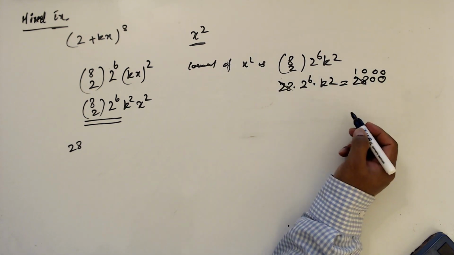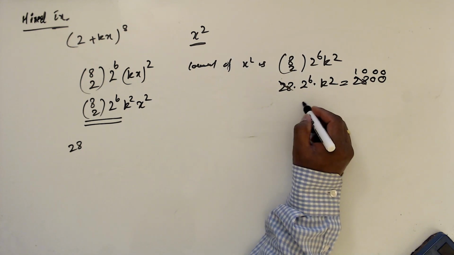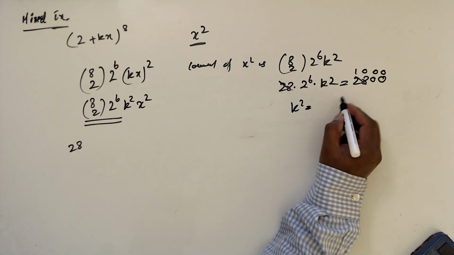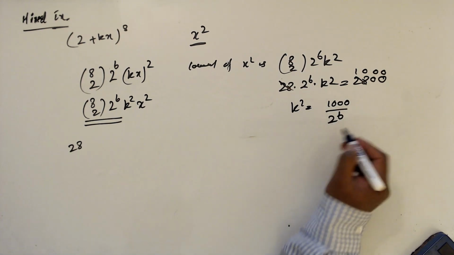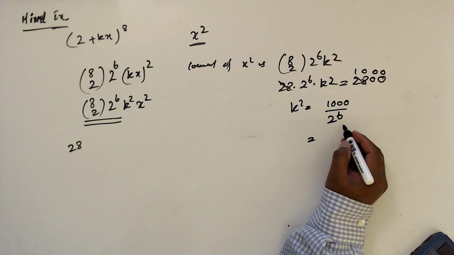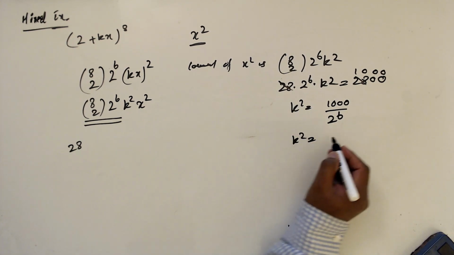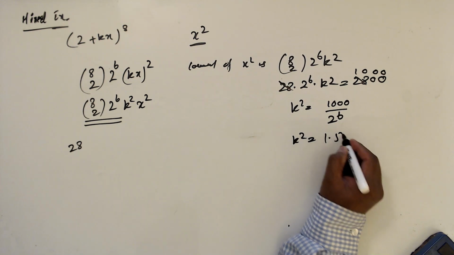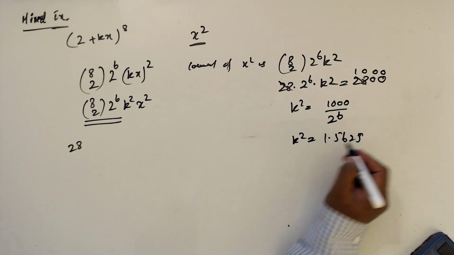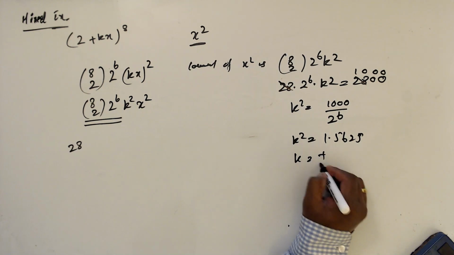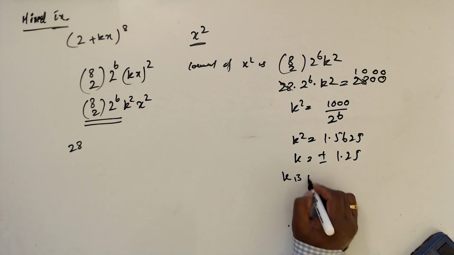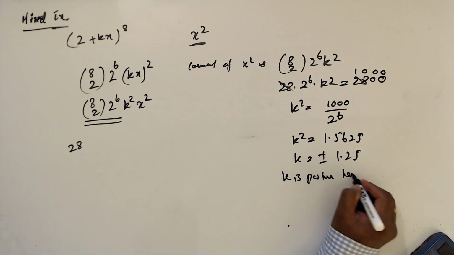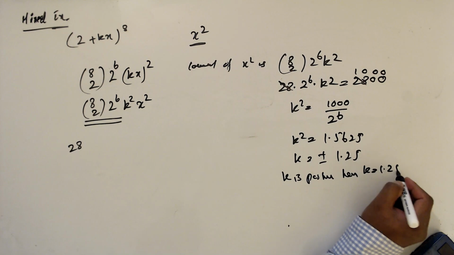This is going to be 100, and k squared equals 100 divided by 2 to the power 6. So k squared equals 1.5625. Then k equals plus or minus 1.25. So k is positive, hence k equals 1.25.